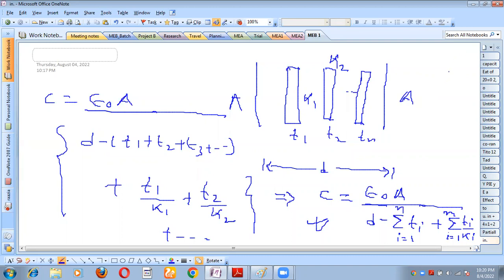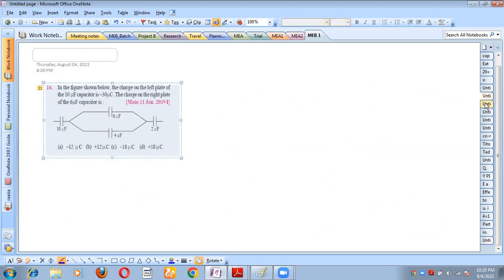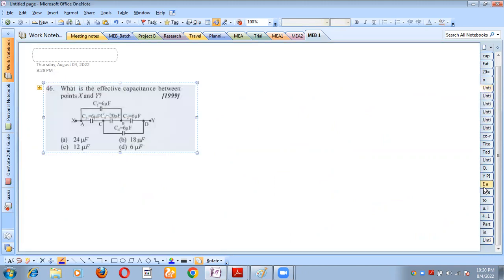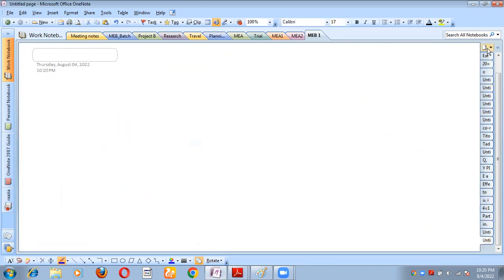Now, a very important part. We will move to the next concept, that is combination of capacitors. That is the, I would say, most important thing.